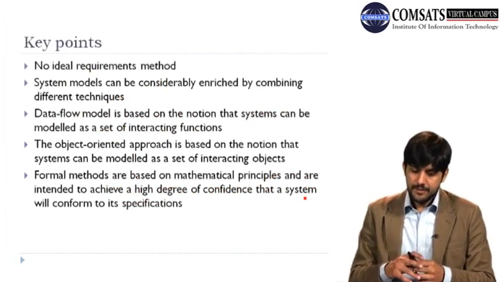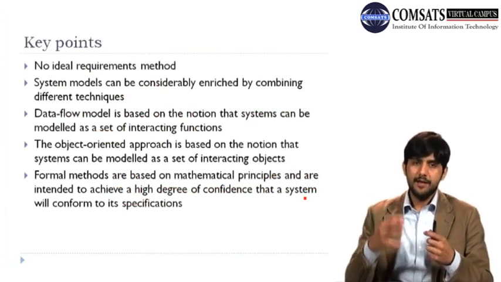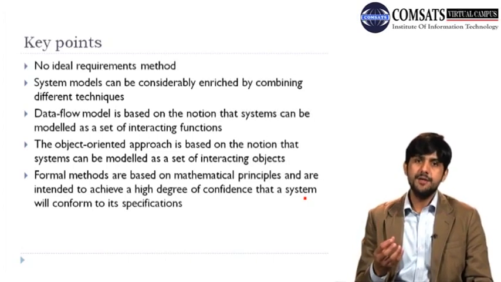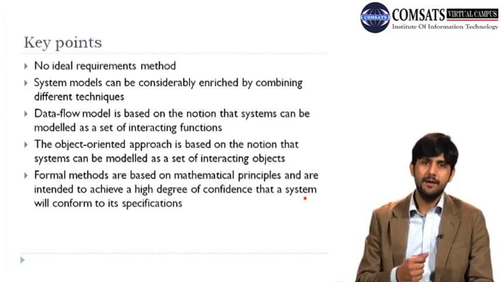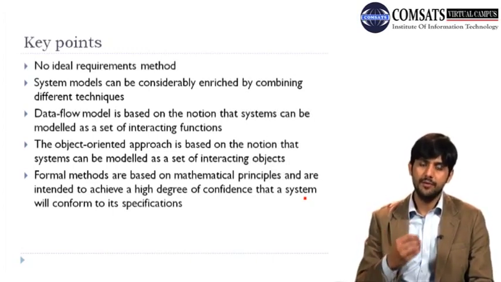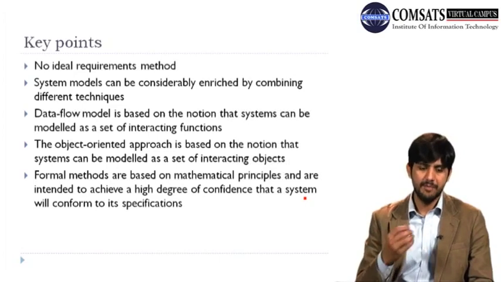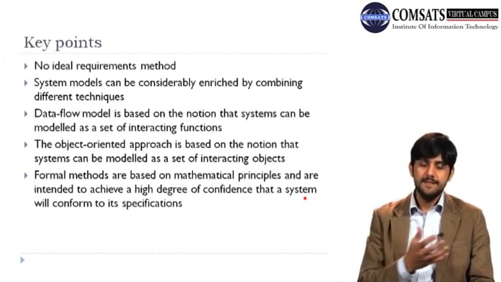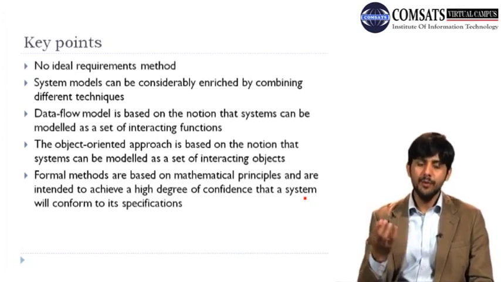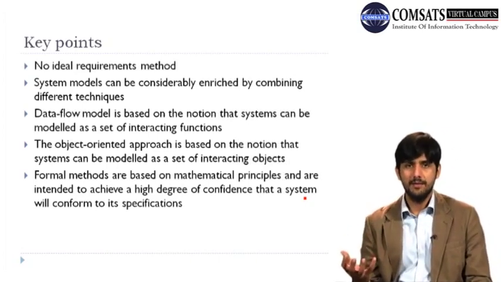So let's look at some key points, and then we are going to conclude our discussion in our lecture today. In the next lecture we are going to look at another example of specifying requirements formally, or another example of formal methods. In terms of these requirement methods, number one, we know that there is no ideal requirement method.